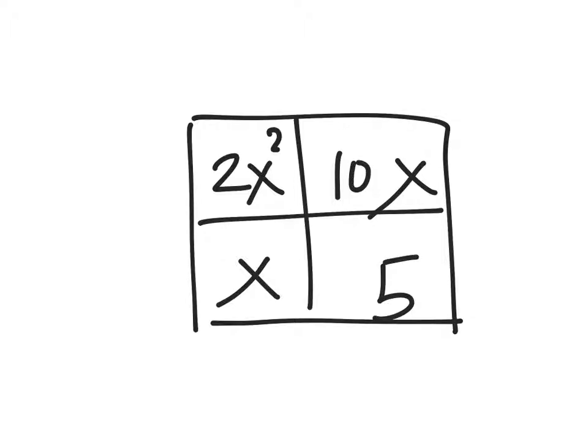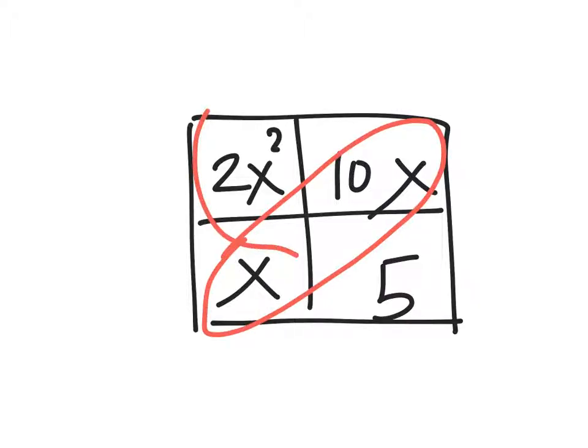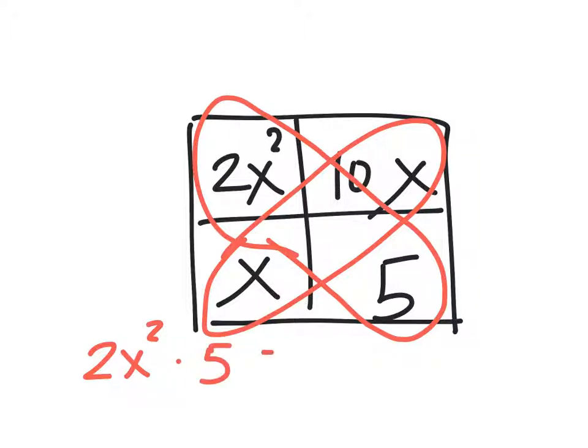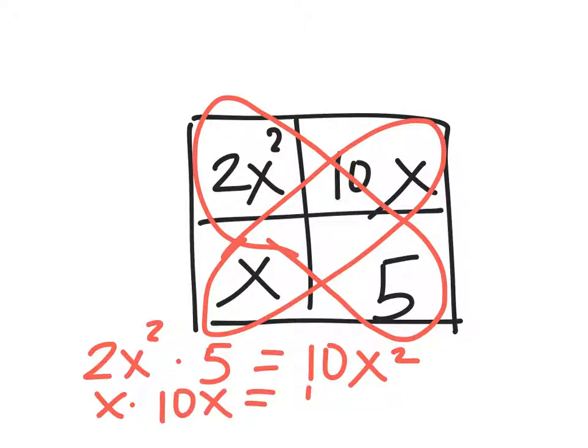If you notice, the two diagonals of this box multiply to be exactly the same thing. So 2x squared times 5 is 10x squared, and x times 10x is also 10x squared. And here it's cool to notice that the 10 and the 10 is what they have in common as they multiply together.